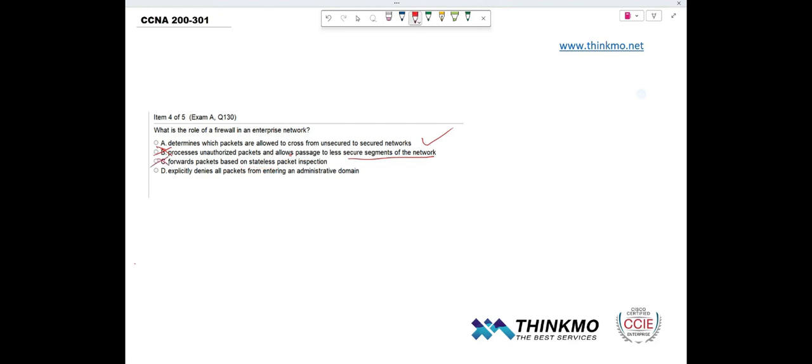This description doesn't fit, so this is wrong. The fourth option is to deny all packets entering the management domain by default. Actually, a firewall by default denies all packets, not just those entering the management domain. So the correct answer to this question is option A.